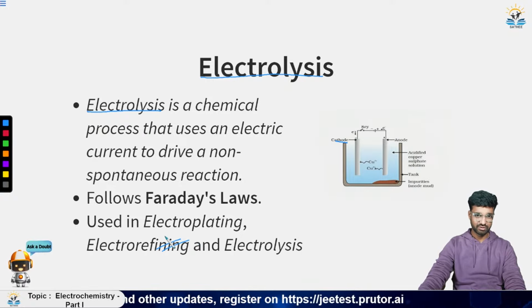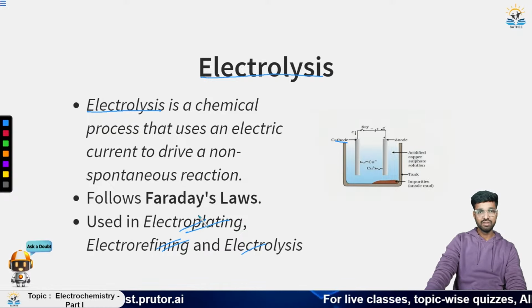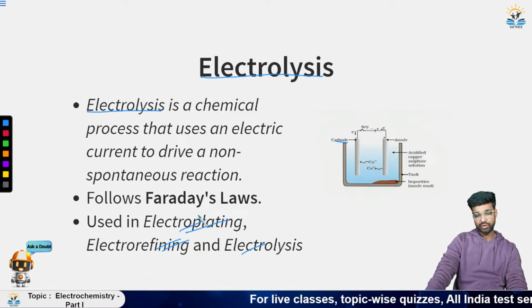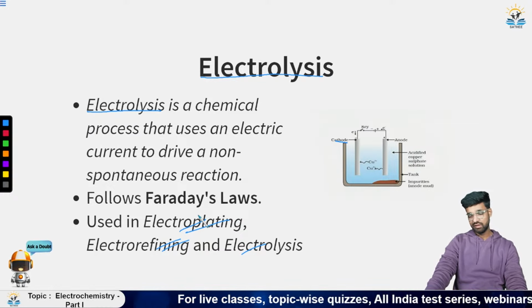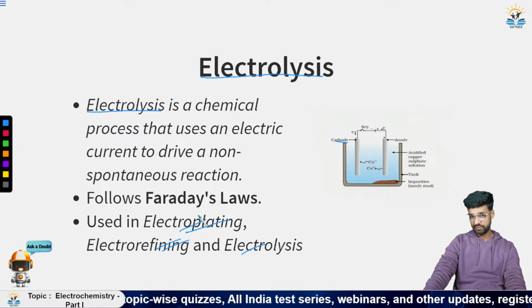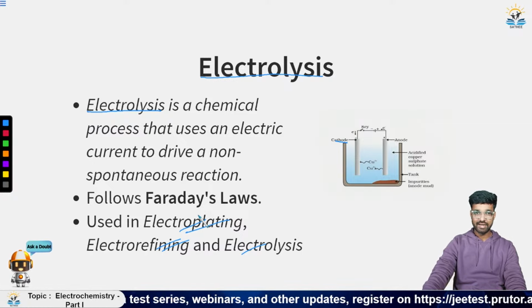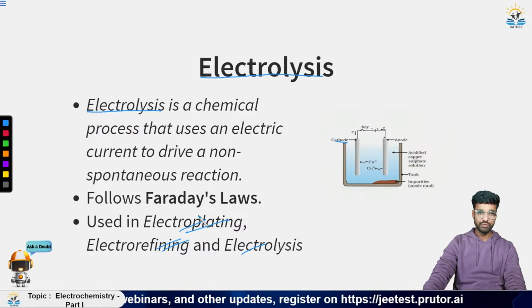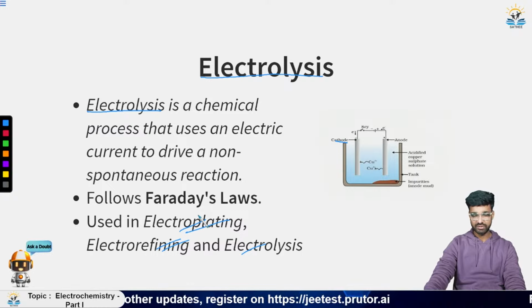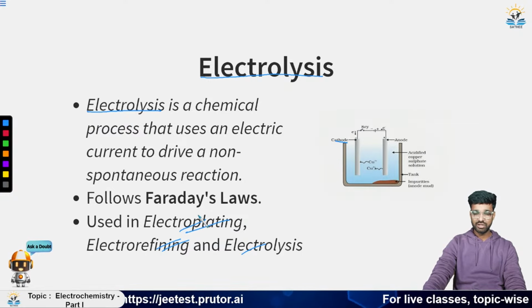Many more examples of electrolysis are electroplating and electrolysis. So what is electroplating? Suppose we have iron, and we do not want it to corrode from reaction with oxygen. So we plate it with a certain substance that does not corrode or react with oxygen, putting a thin layer of it.